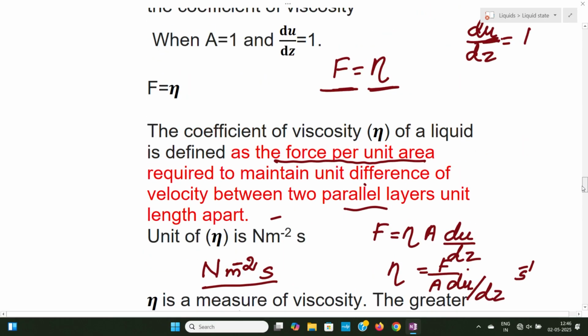Here we have the definition of coefficient of viscosity. The resistance to flow of the liquid has an opposing force, which is directly proportional to the area of the plate and the velocity gradient. From this we get the coefficient of viscosity, defined as the force per unit area required to maintain unit velocity difference between layers unit length apart.